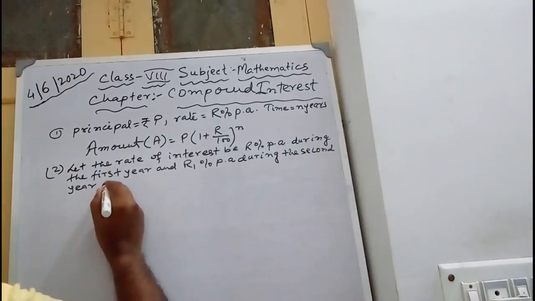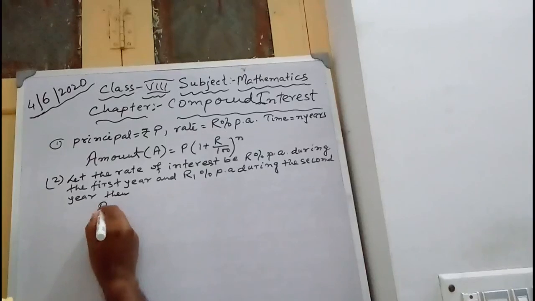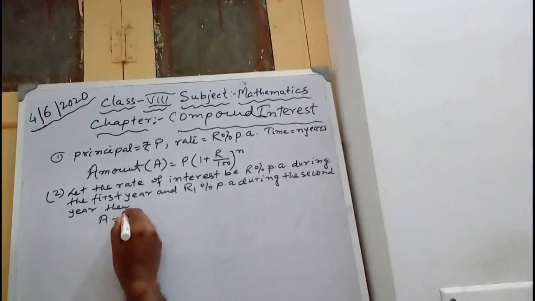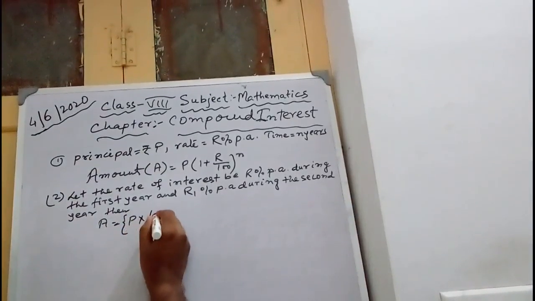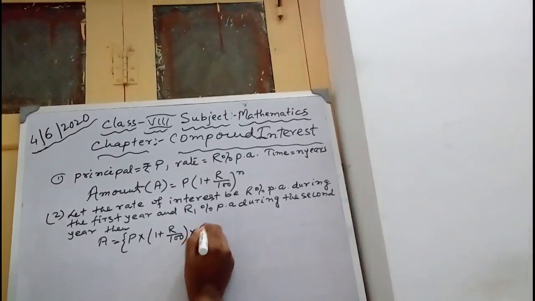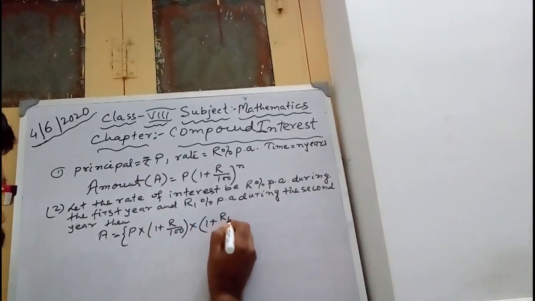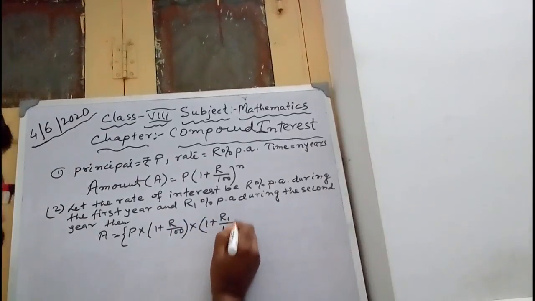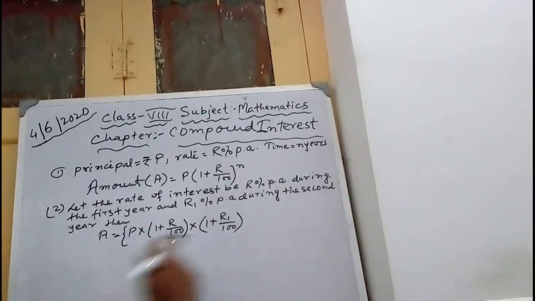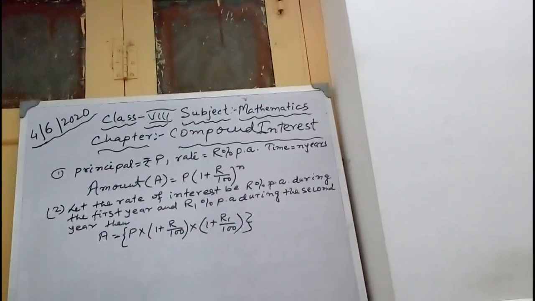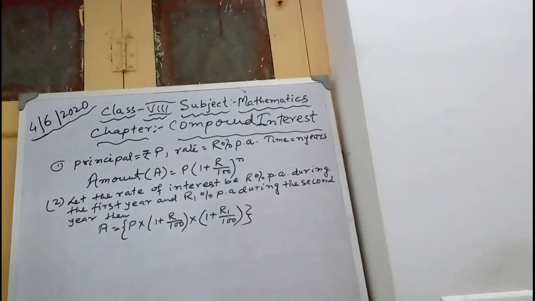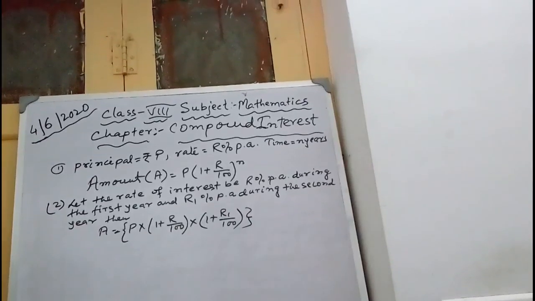Then amount equal to P into (1 plus R by 100) into (1 plus R1 by 100). So first year and second year, that means time is 2 years, where two different rates of interest are there. Then you find amount by using that formula.